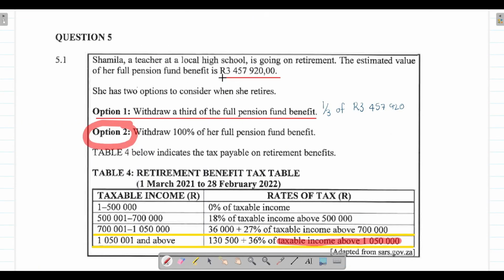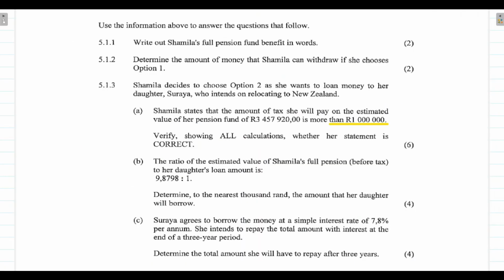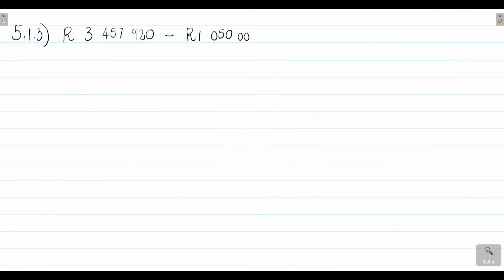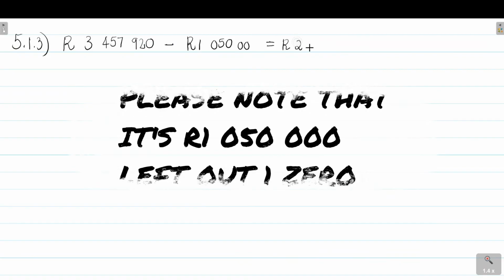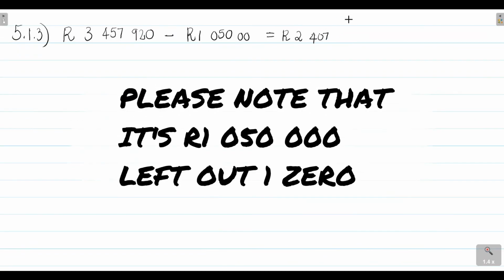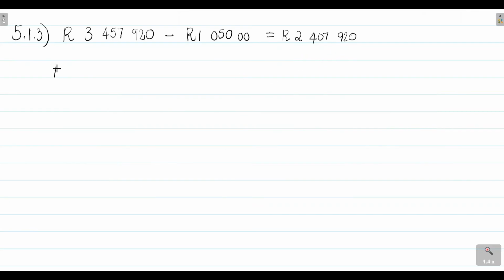Because we are trying to determine the taxable income that is above 1,050,000. So we take the pension fund benefit that she received minus the 1,050,000 to get 2,407,920.